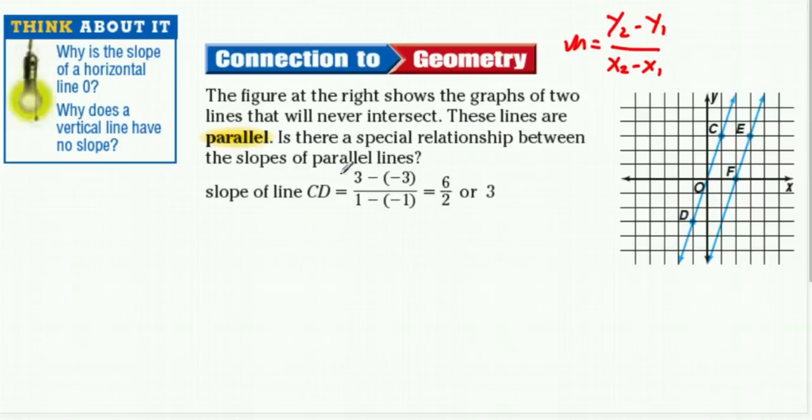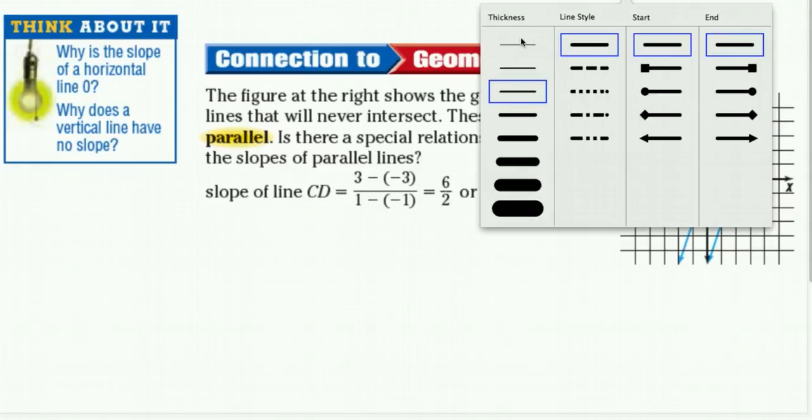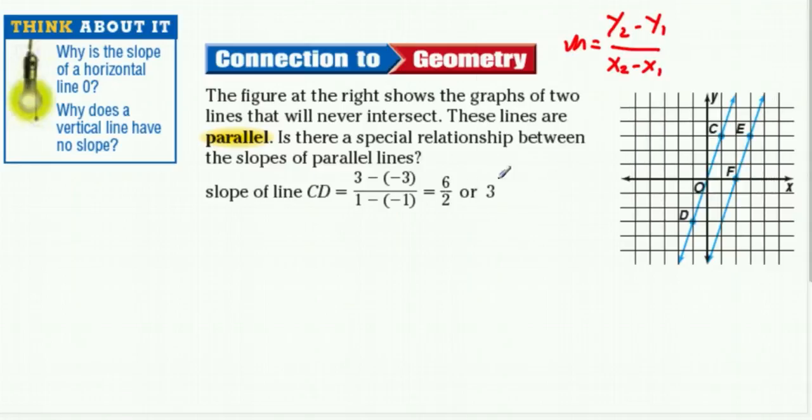Okay? So is there a special relationship between the slopes of parallel lines? In finding the slope of line CD, this is line CD right here. Point C is 1, 3.